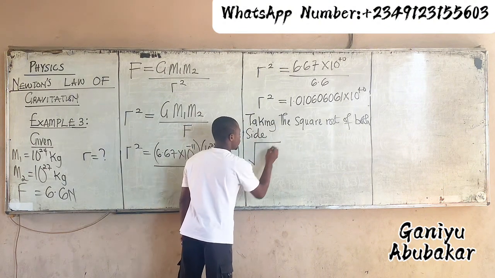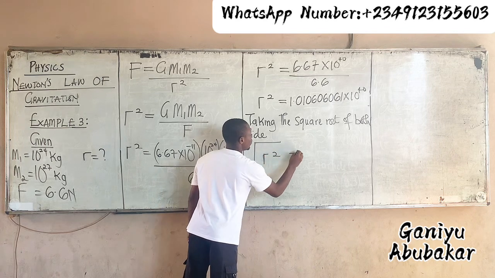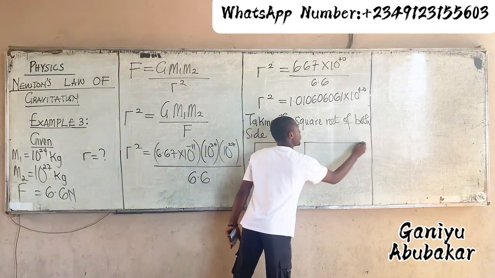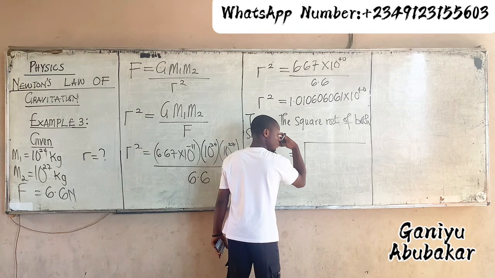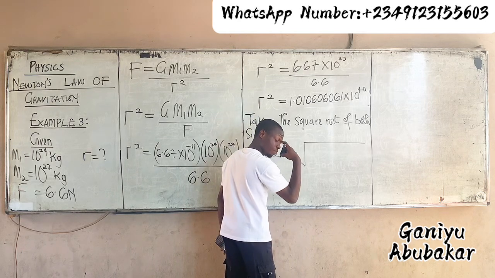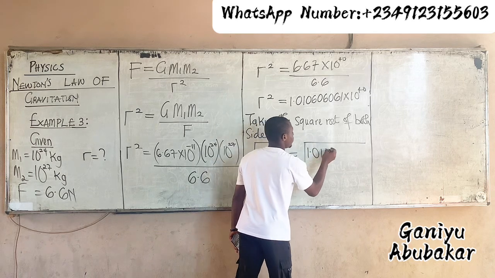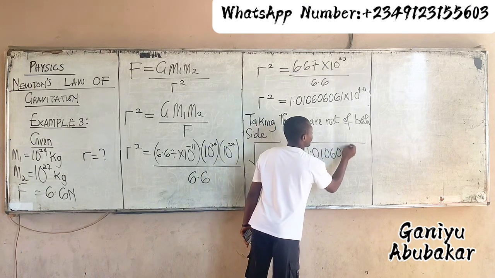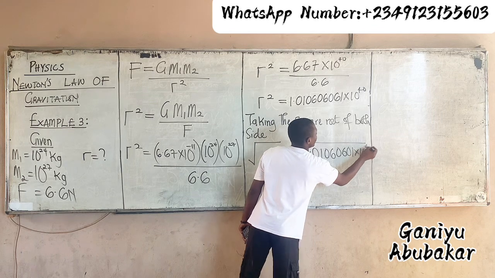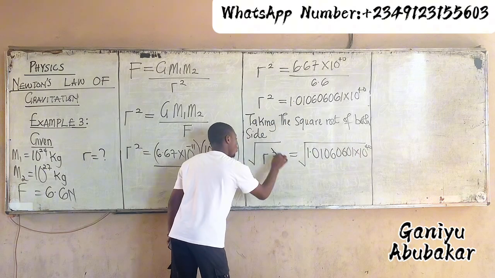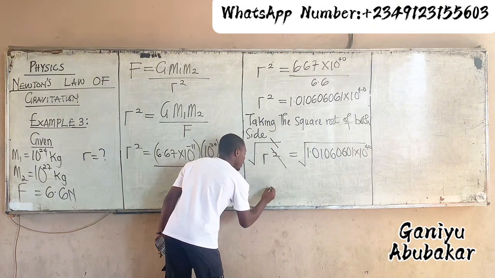The square root of r squared is equal to the square root of the answer there, that's 1.0106061 times 10 to the power 40. Of course, the square cancels out the square root, and I'm left with just r.